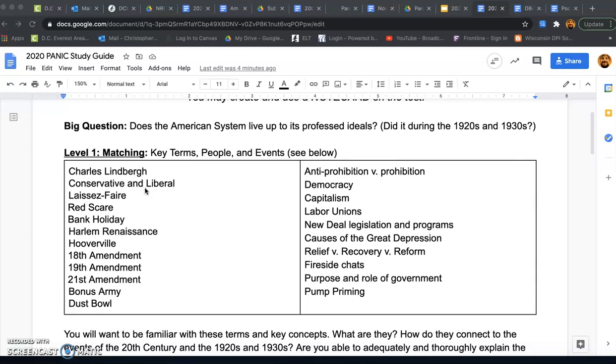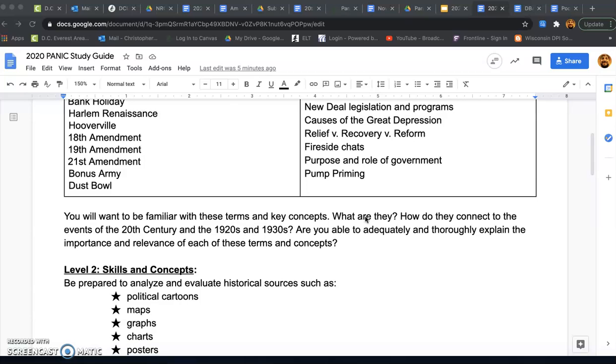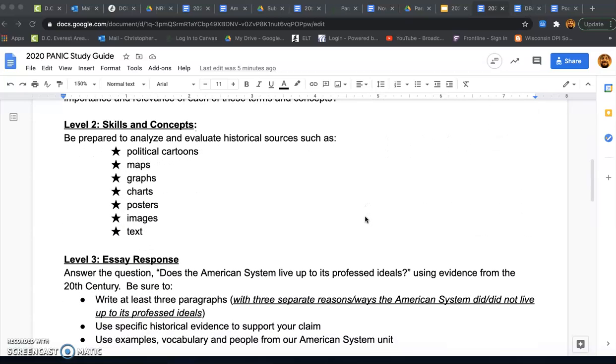Remember, our big question has been, does the American system live up to its professed ideals? Reminder, professed ideals, things like freedom, equality, liberty, right? Things that we've talked about in class. And again, did it during those 20s and 30s. So the first part will be matching, pretty straightforward.